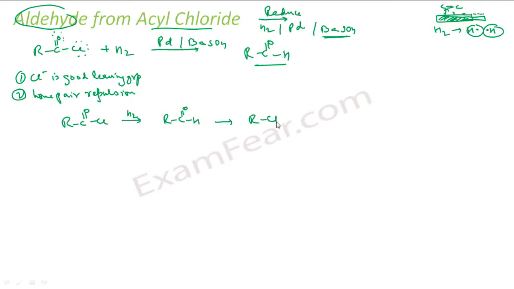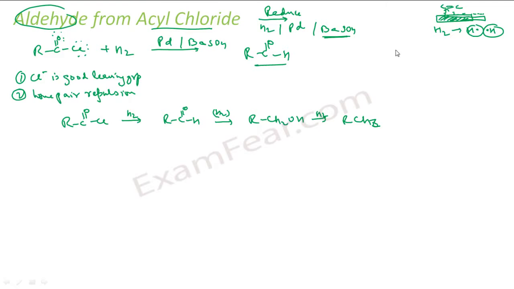You do further reduction, it becomes RCH2OH, and then it becomes RCH3. So if you don't poison it, this is a very strong reducing agent actually. This palladium surface will reduce my RCOCl, that's acyl chloride, to actually alkane. We don't want that, right? We want to stop it here.